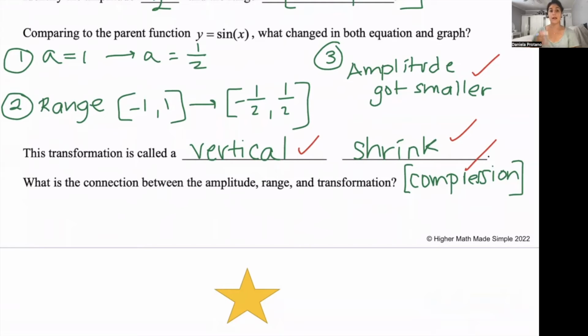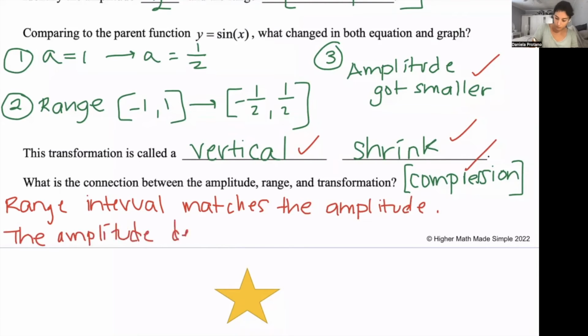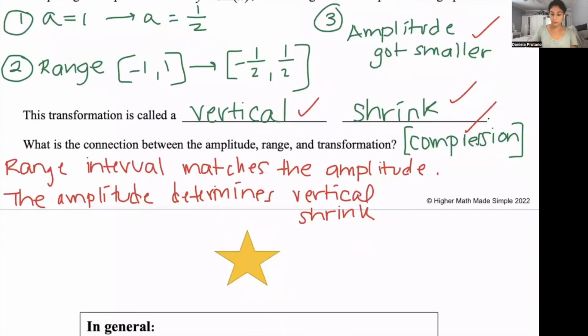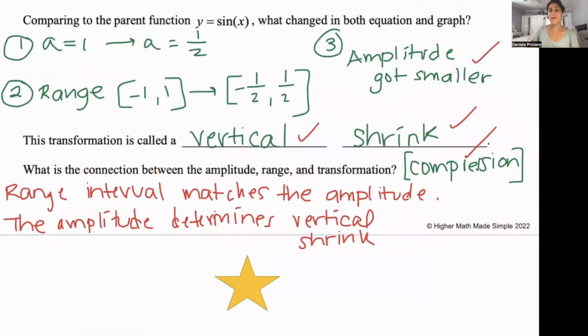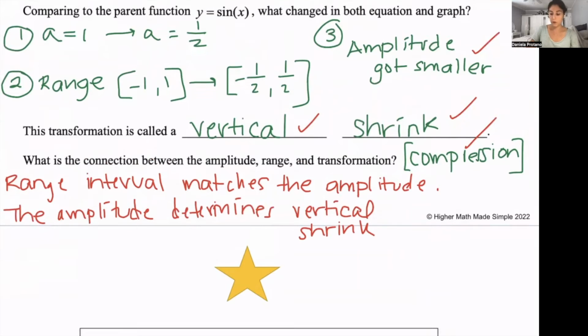So notice that the amplitude, or the absolute value of A, in other words, that positive value of A, that leading coefficient, which is the number in front of the trig function, is going to directly determine whether there's going to be a vertical stretch or a shrink, assuming that number is not positive 1. So if we put it all together, the A value is going to help determine whether there's going to be a vertical stretch or a vertical shrink.